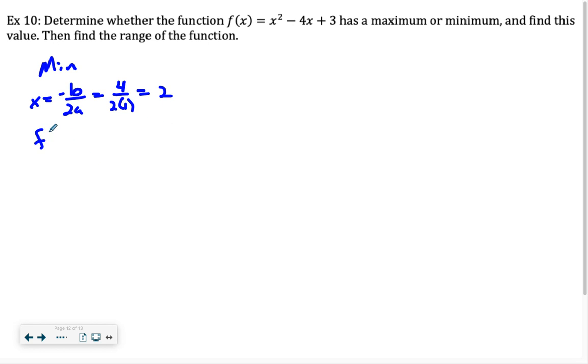So if I plug 2 in, 2 squared minus 4 times 2 plus 3. So that'll be 4 minus 8 is negative 4 plus 3 is negative 1. So the point 2, negative 1 is the vertex, and that is a minimum.